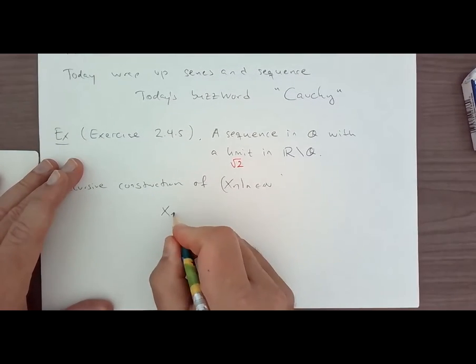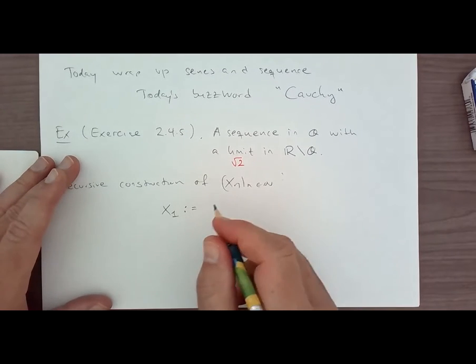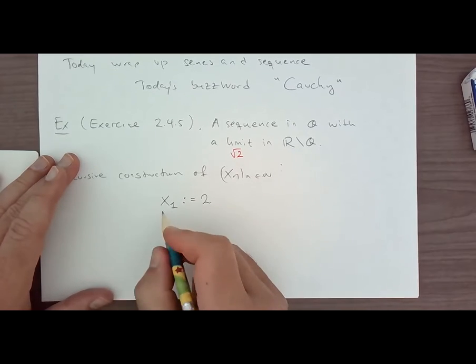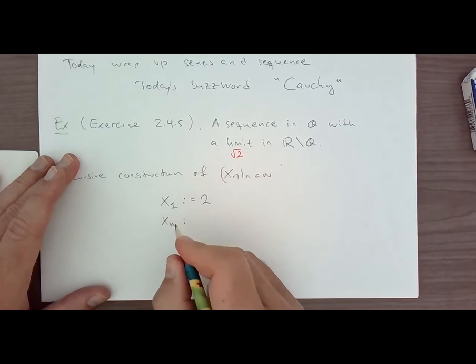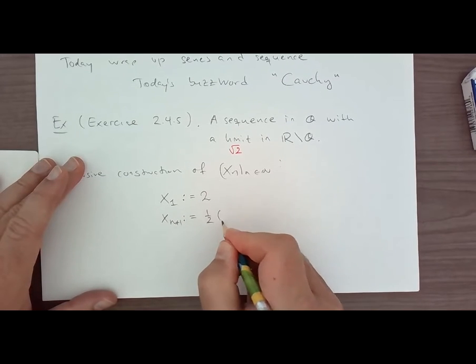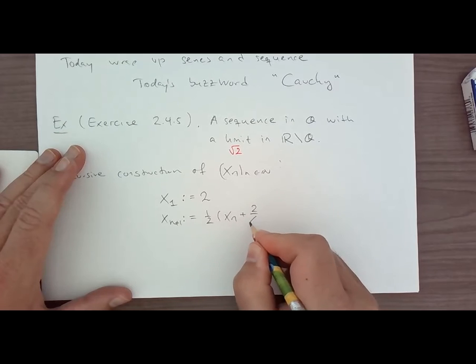That's going to be x1, and the first point that he starts out with is 2. And then the next point is going to be generic: x_{n+1} is 1/2 times (xn plus 2 over xn).